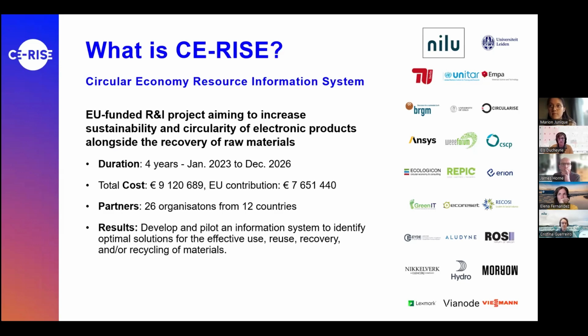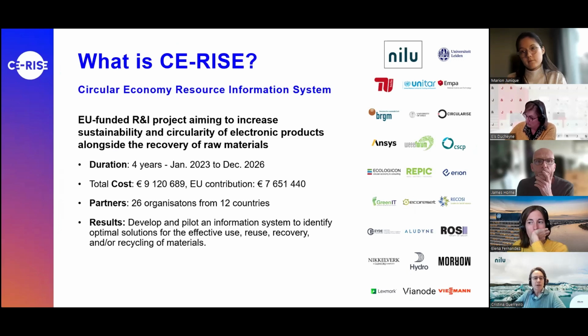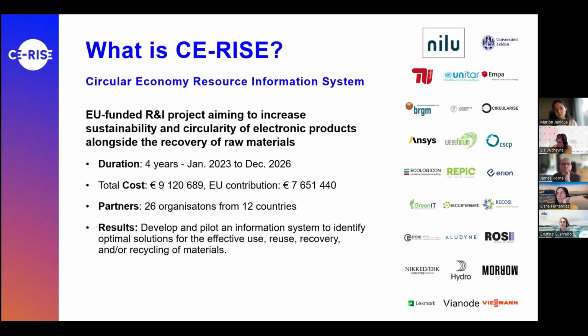We have 26 partners in 12 countries, and the project will develop and pilot an information system to identify optimal solutions for the effective use, reuse, recovery, and recycling of materials.